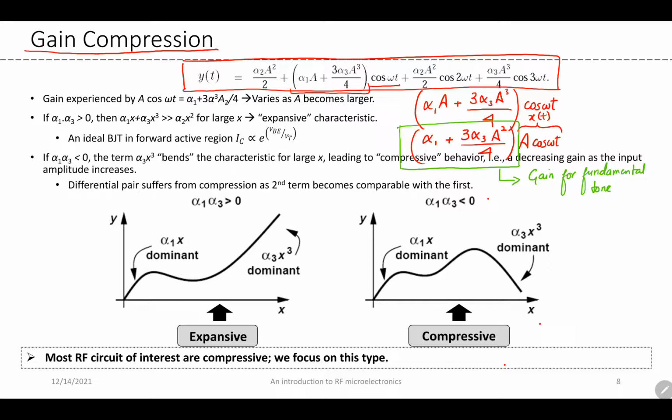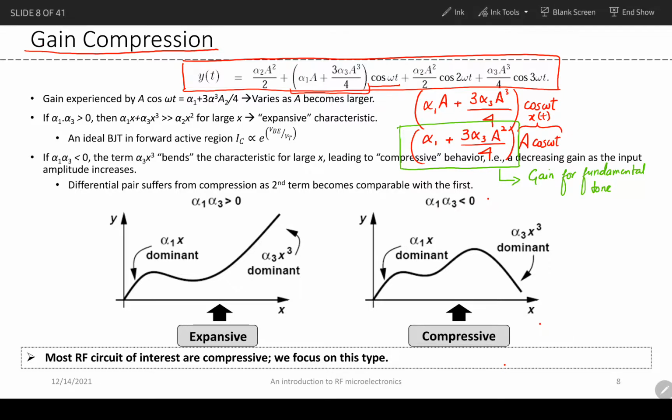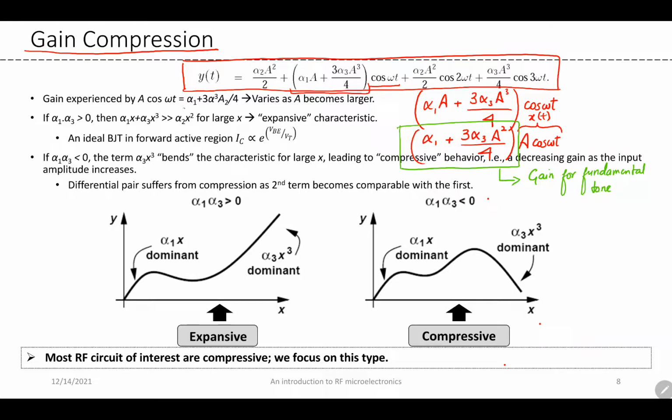Now, this component, alpha 1 plus 3 times alpha 3 a squared by 4, can behave in two ways, and that depends on the signs of alpha 1 and alpha 3.